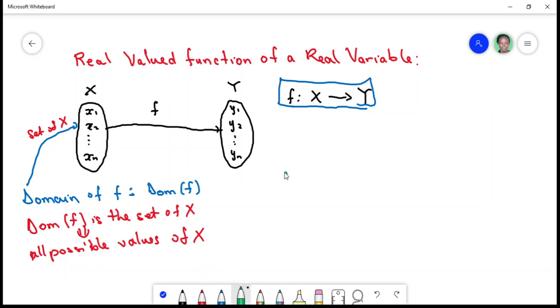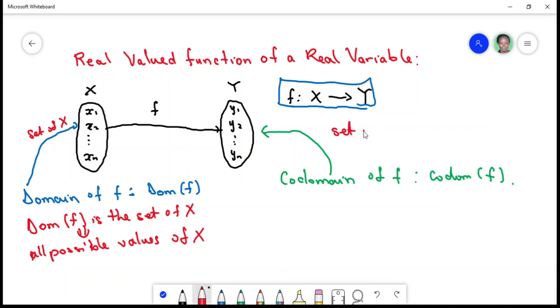Then we also talk about the codomain. The codomain of f, which you represent as codom of f. What is the codomain of f? It is also a set, the set of y.